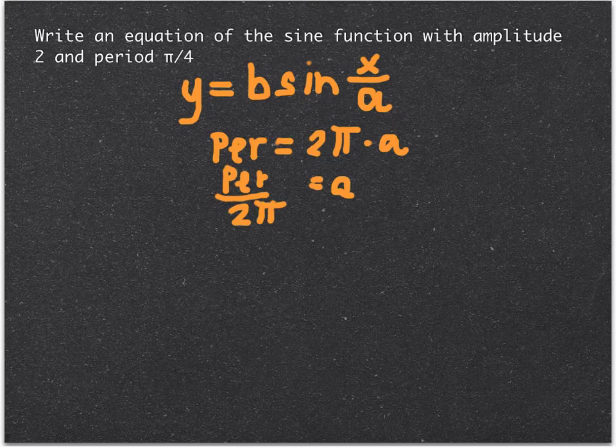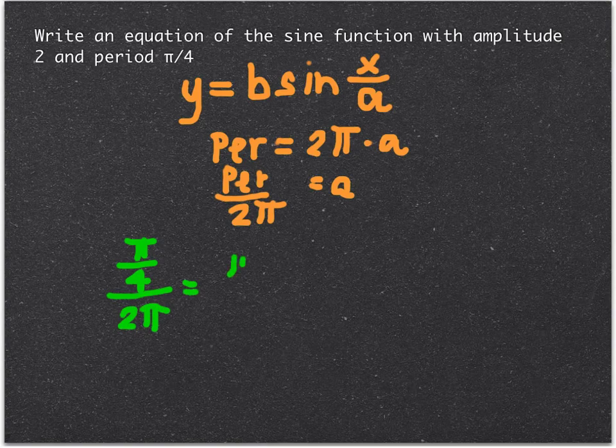So I need to figure out that a value. So if they tell you the period is pi over 4, and I have to divide that by 2 pi to get that a value, well, again, here's a little middle school mathematics here.